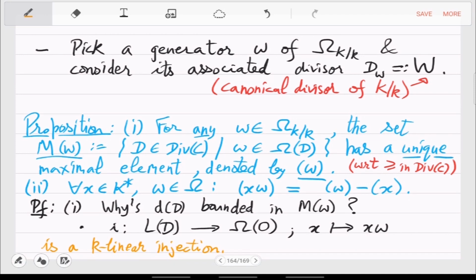Which means that the dimension of the left hand side is less than or equal to the dimension of the right hand side. So L(D) is less than or equal to delta 0, because omega D has dimension delta D over the field of constants small k.